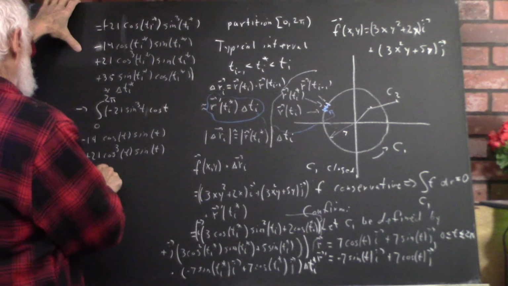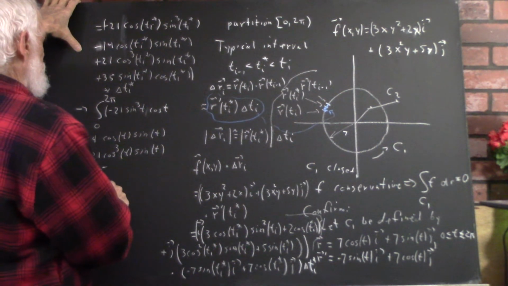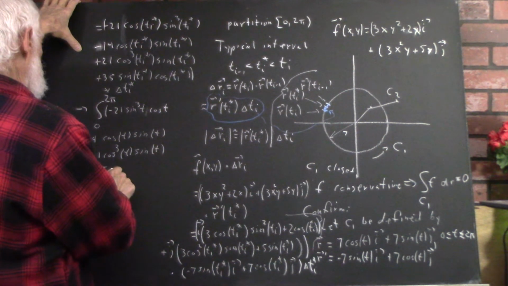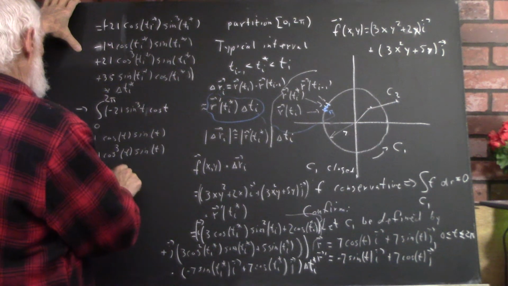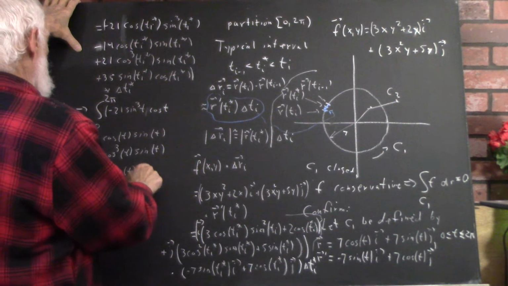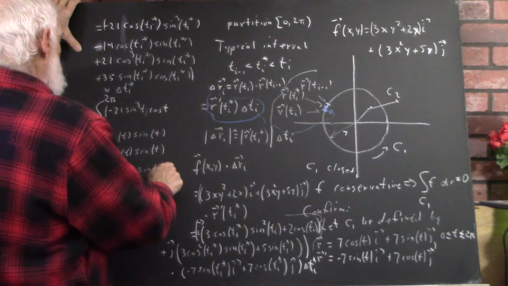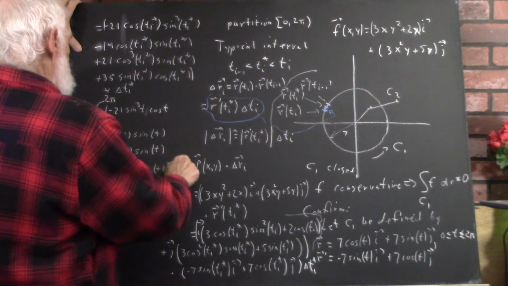It's going to give us 0, plus 35 cosine of t sine of t dt.